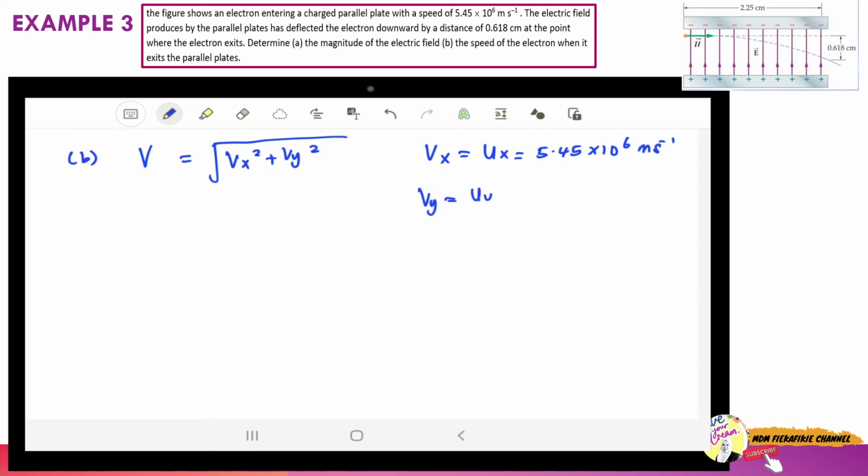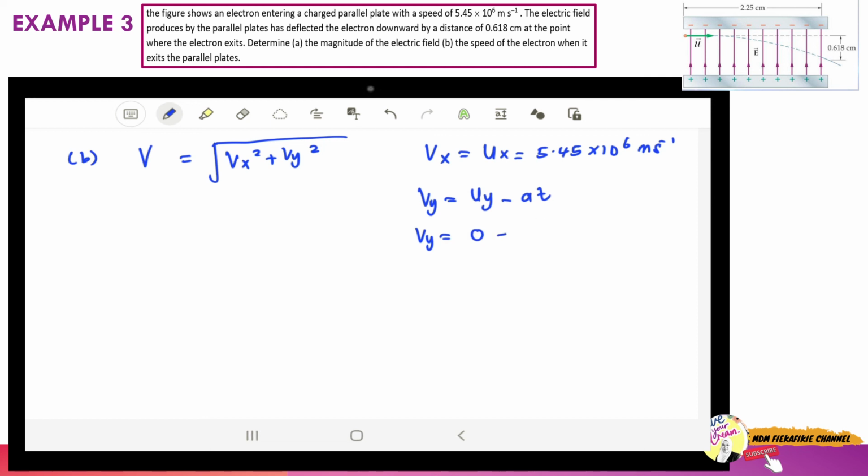And how about vy? We need to calculate vy, where vy is equal to uy minus at. Why do I use minus? Because the direction of the motion is downward. Therefore, the direction of a should be negative, right?